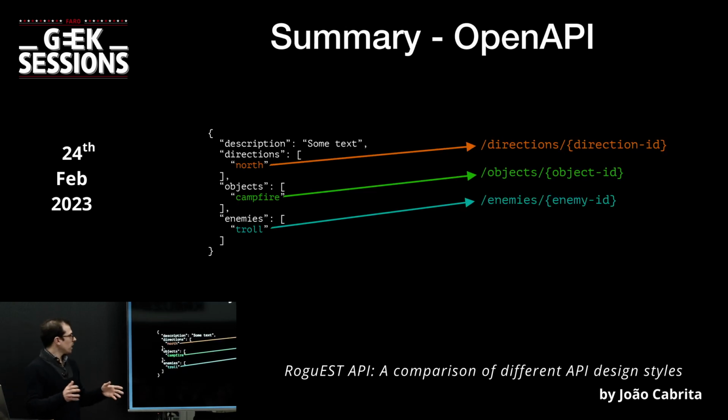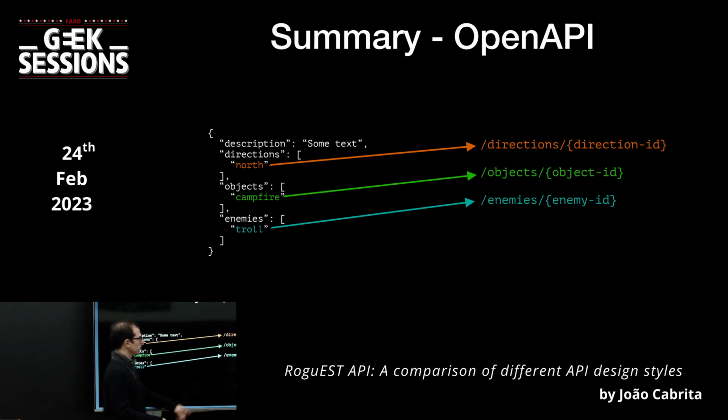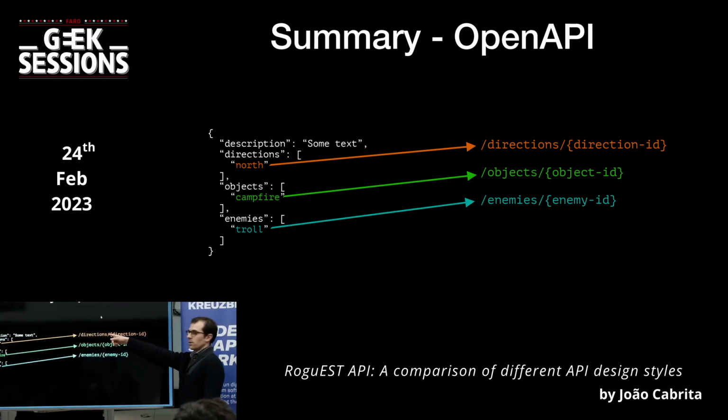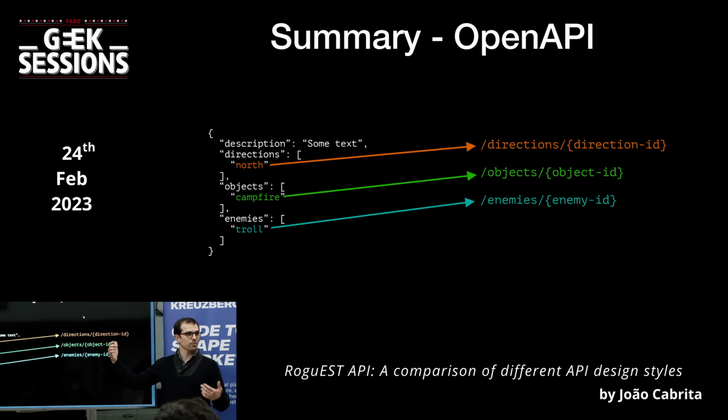So to summarize, when you're designing an open API, using the open API design style, basically what happens is that you have these objects that compose your API, and each of those objects is associated with a certain endpoint, or a certain endpoint pattern, right?